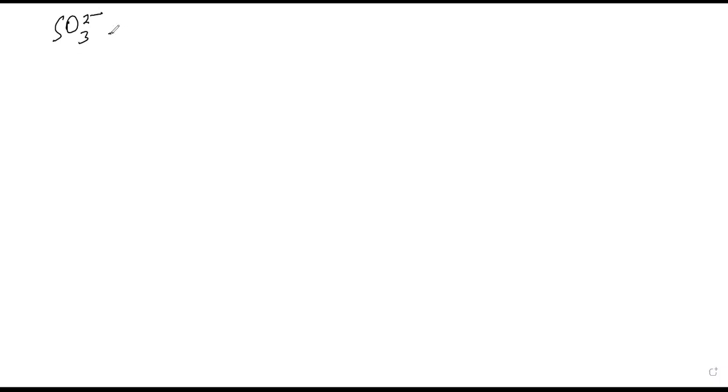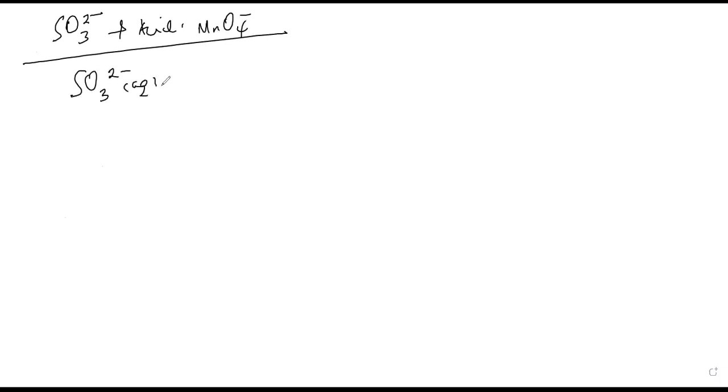Sulfite and acidified manganate ion. You already should be knowing how to write the half equations. For a sulfite, we say that it is SO3 2 minus, and the oxidation takes place in presence of water to give a sulfate.